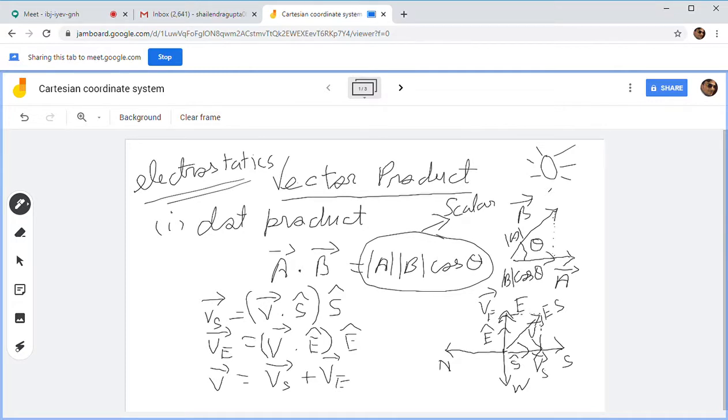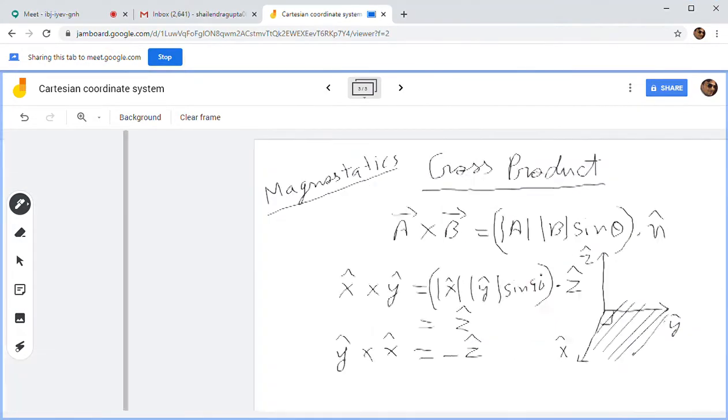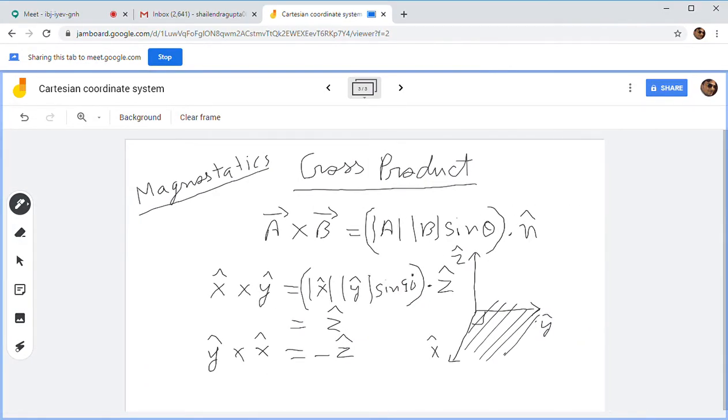Both give you the same dot product, but in cross product you get a totally different vector. So the order of vectors is very important when you take the cross product.